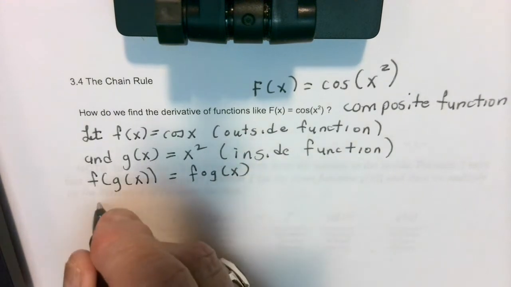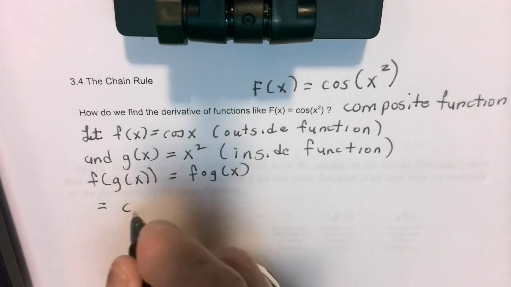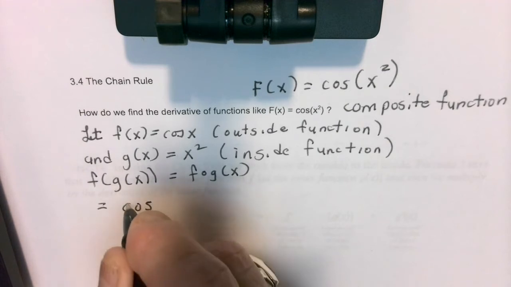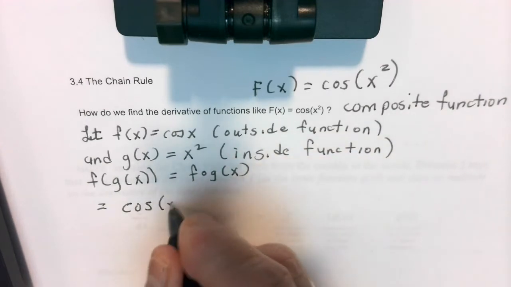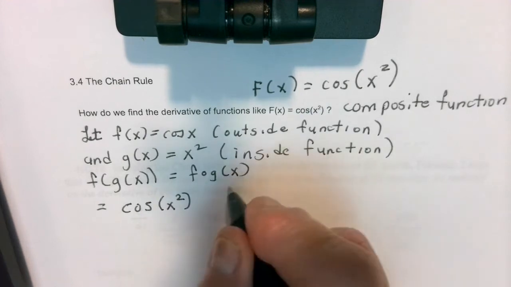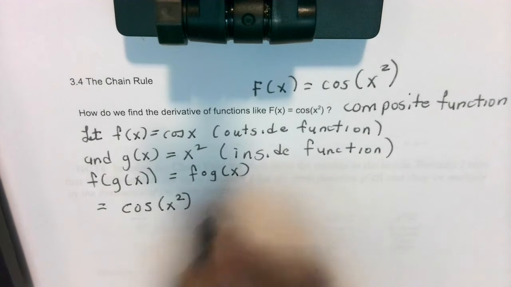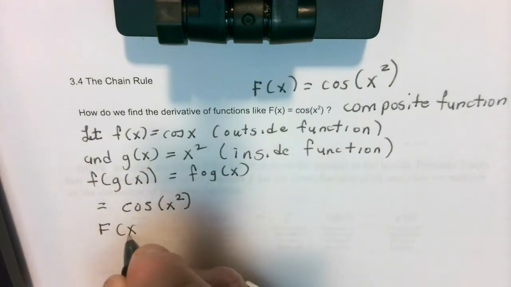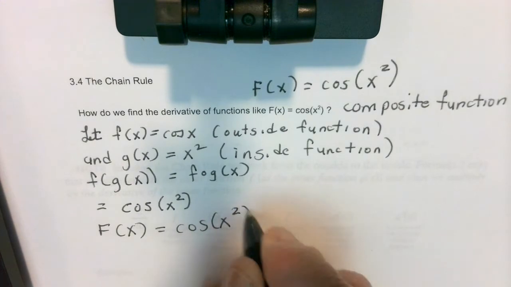But if you look at it like this, my outside function is cosine, so I write cosine, and then I put the inside function inside. All of that is just algebra. We haven't done any calculus yet. So this is f of x, it's cosine of x squared. Okay, now we're ready to do the calculus.